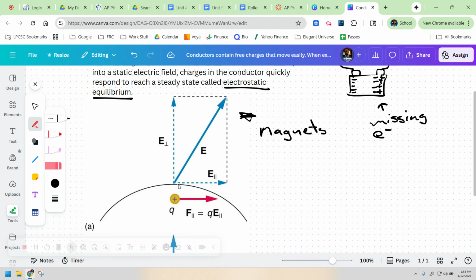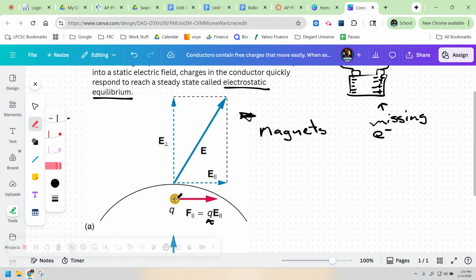This force is equal to the charge times the magnitude of the parallel electric field.